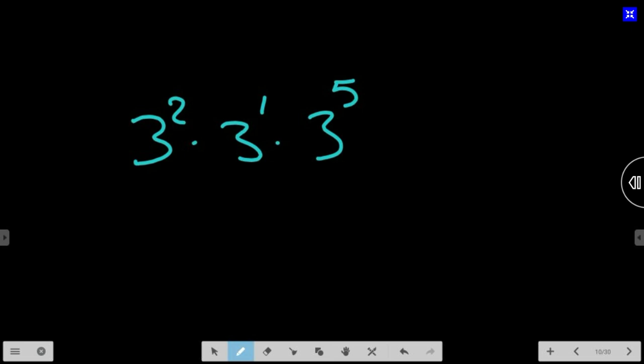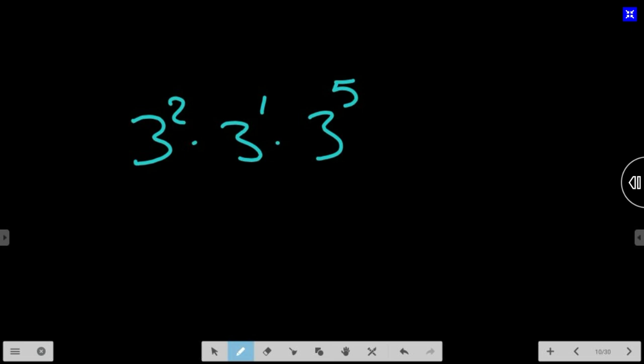Alright. Mixed review. Times 3 to the fifth. Which of my rules does this work on? My first one, my second one, my third one. Which one of these rules does that look like on the board? And so I have a 1 here. So 2 plus 1 plus 5.